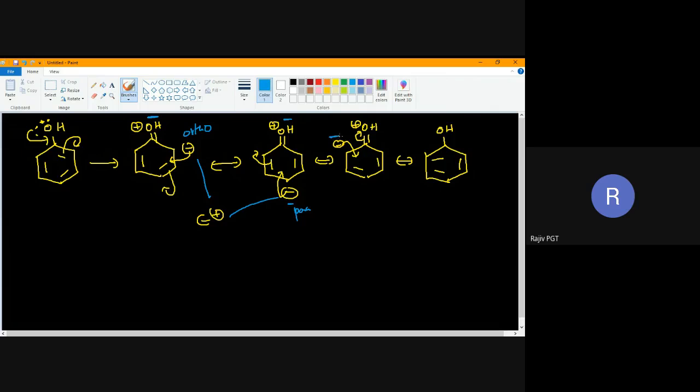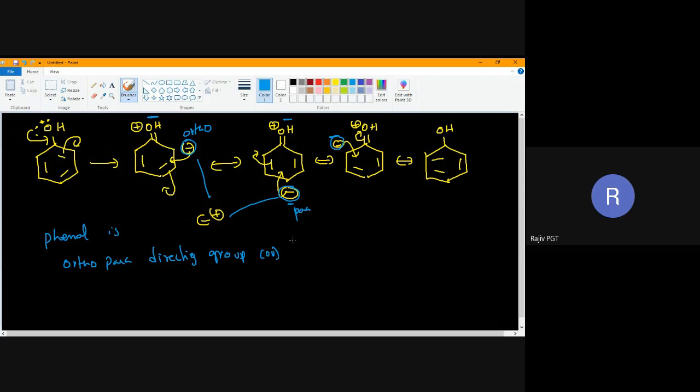Again, this is also ortho position. Here negative charge is more, here also negative charge is more. So that is why phenol is an ortho-para directing group.